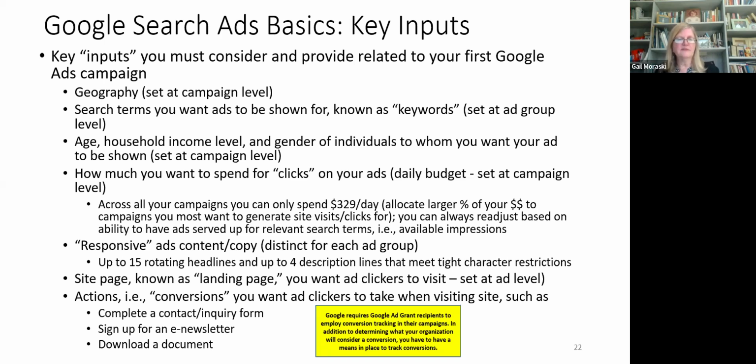Another key component is obviously deciding what the ads are going to say themselves, like what the content is going to be. And quite a few years back, Google started changing the format of ads. They used to be what were known as static ads, and you would just provide Google with 3 or 4 headlines plus the URL of the landing page you want people to land on when they click on your ad.